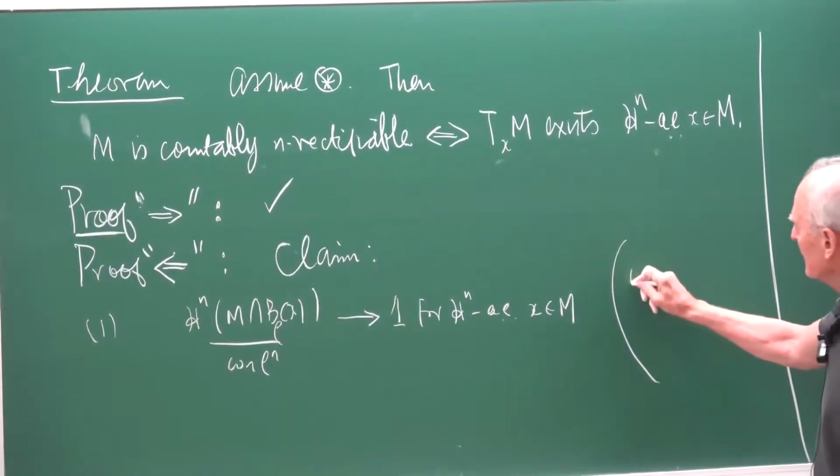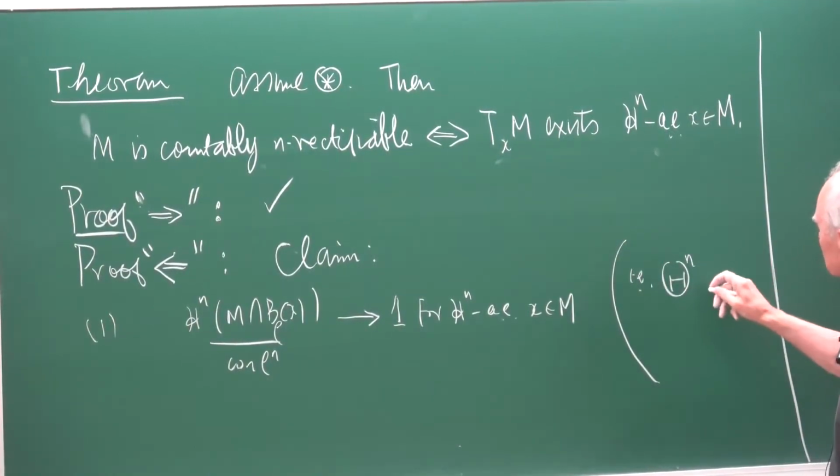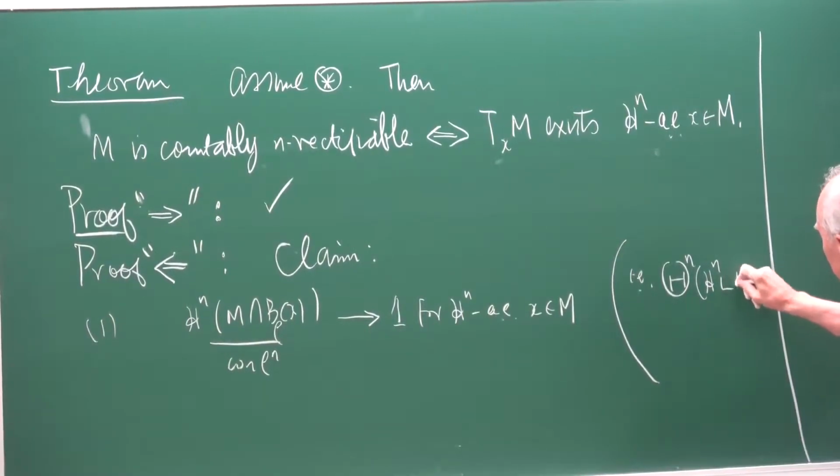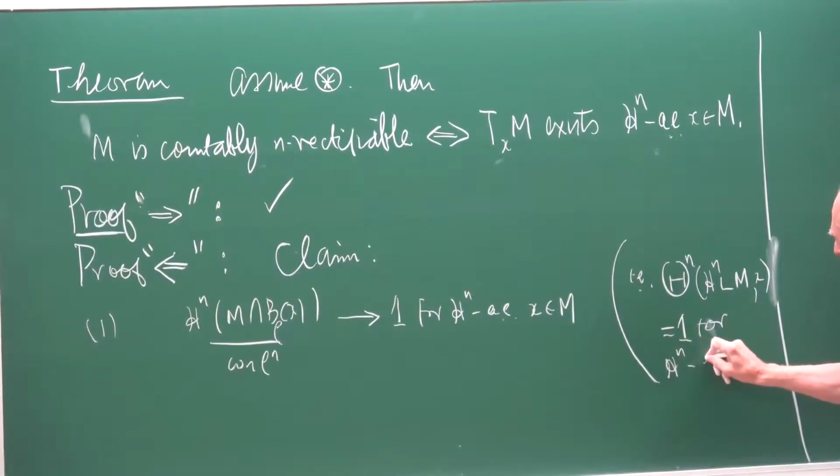Notice that's the same as saying that the n-dimensional density of the Hausdorff measure restricted to M at a point x is equal to 1 for Hn almost every x in M. So that's the first claim.